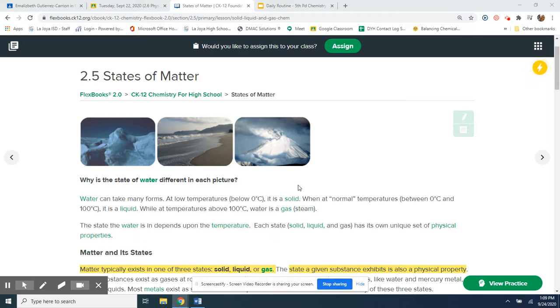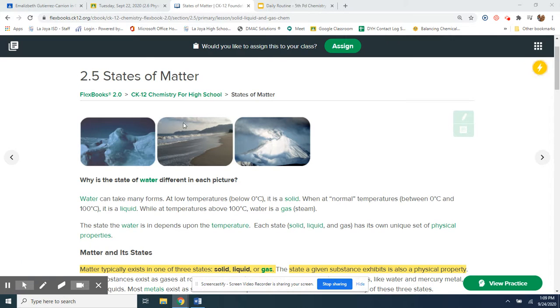And you can read here that it's all about the temperature change. Water is one of those unique substances that we can easily change into different forms. So on the left picture, the glacier, we know that the temperature is really, really cold. It's probably below 0 degrees Celsius.